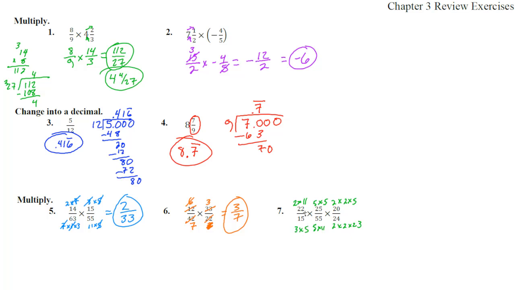Okay, so the 11s cancel. 5 with a 5 and 5 with a 5. And let me see, 1, 2, 3 2s, 1, 2, 3 2s. And we're left with a 5 on the top. And 3 times 3 is a 9 on the bottom. 5 ninths. Excellent.